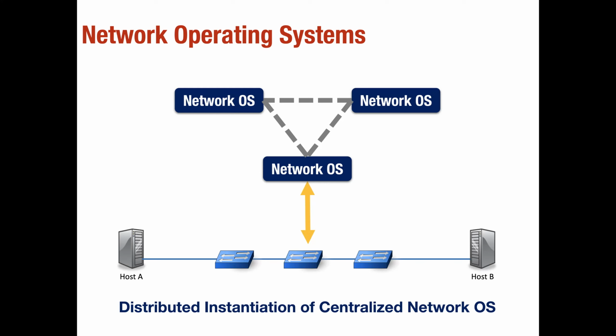For what it's worth, the networking community has been debating this question about hardware versus software, because software means you can treat networking as a software problem rather than a networking problem.